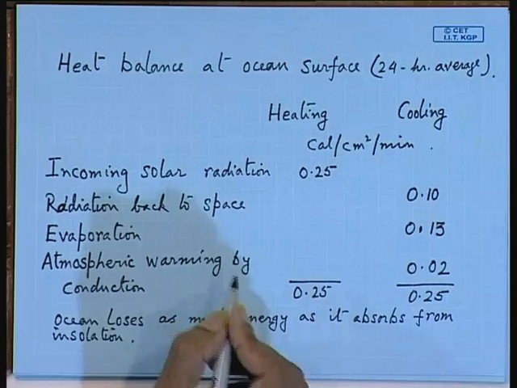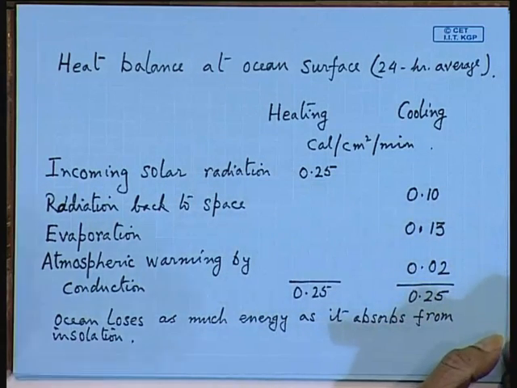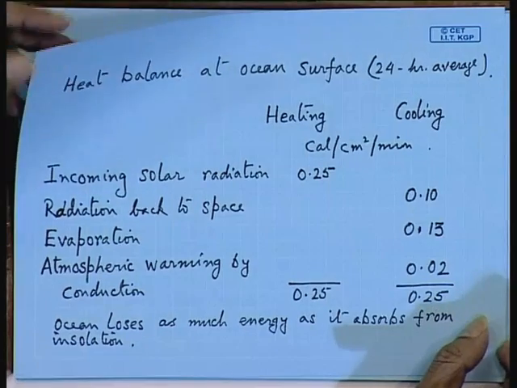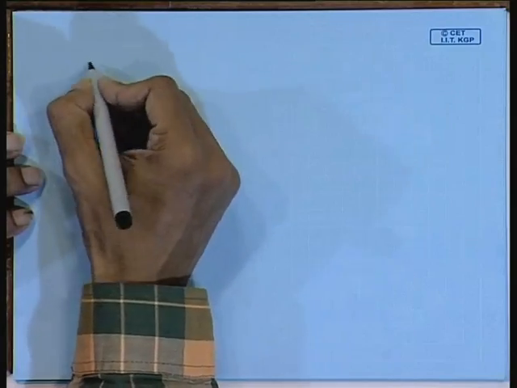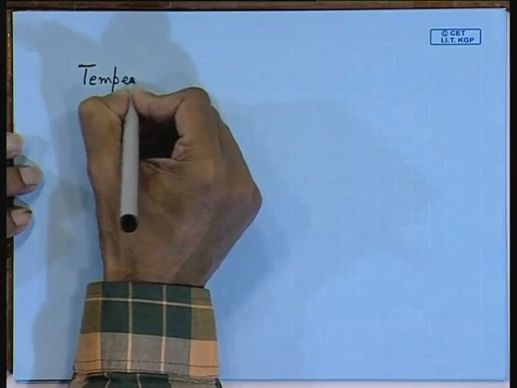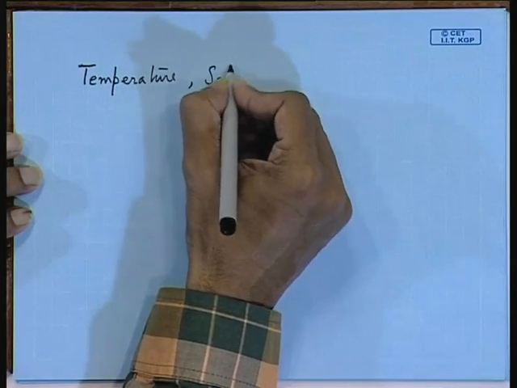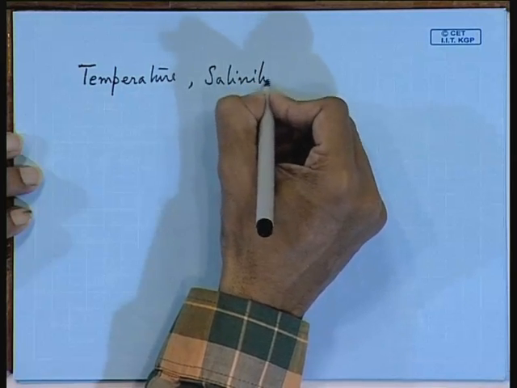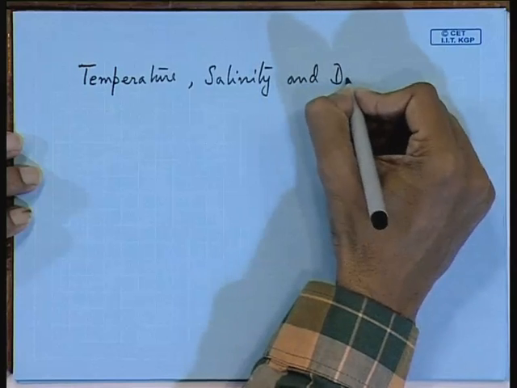This atmospheric warming is the cause of the wind circulation. Now, because of insolation you have a temperature, what else, salinity and density gradient in the ocean.